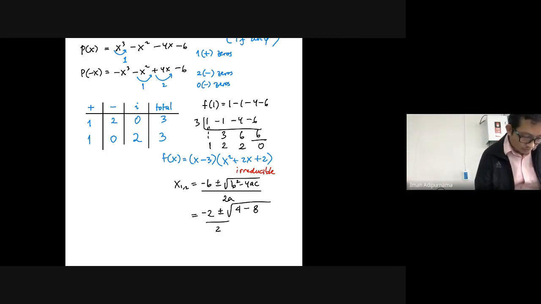So we have -2 plus minus the square root of -4, over 2.